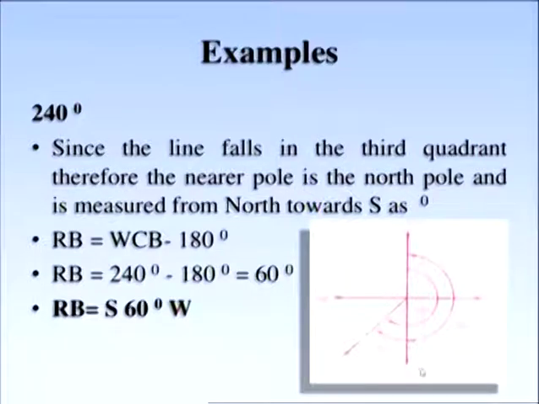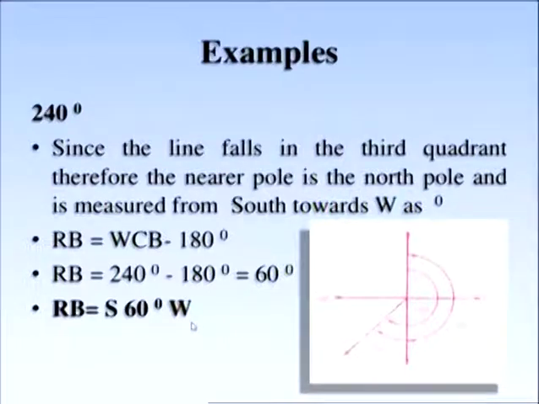Here the south pole is near, so south 60 degrees west. Toward the west, 60 degrees, our line is lying. So the reduced bearing of 240 degrees whole circle bearing is south 60 degrees west.